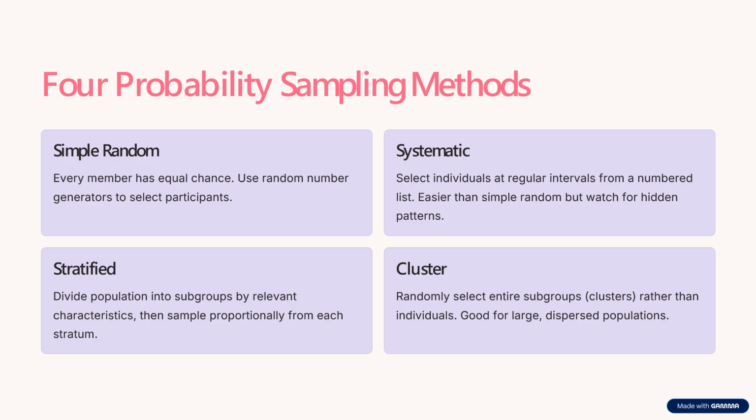If the clusters themselves are large, you can also sample individuals from within each cluster using one of the techniques above. This is called multi-stage sampling. This method is good for dealing with large and dispersed populations, but there is more risk of error in the sample as there could be substantial differences between clusters.